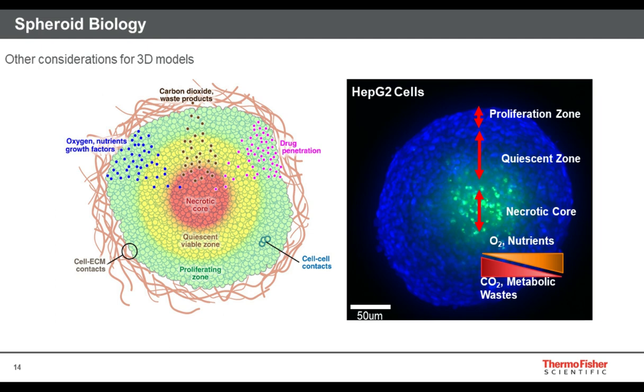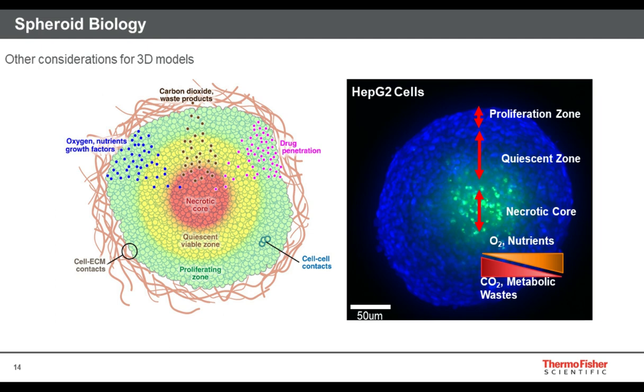Other things to remember, drug exposure would follow the same thing. Cells on the outside of your model system are certainly exposed to higher concentrations of a given compound, whereas cells towards the middle tend to be exposed to slightly different concentrations.